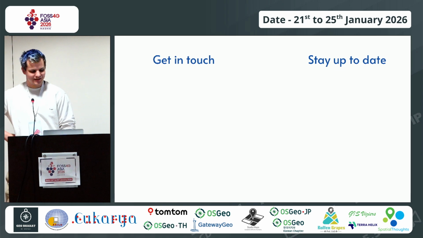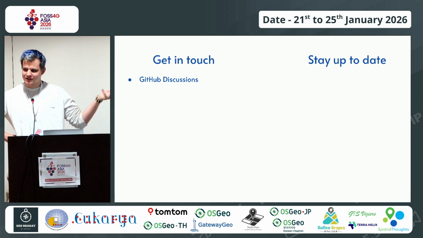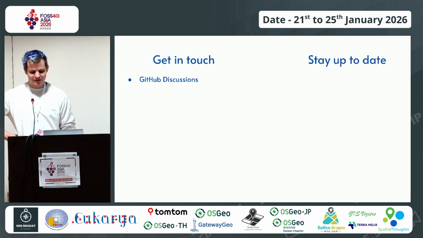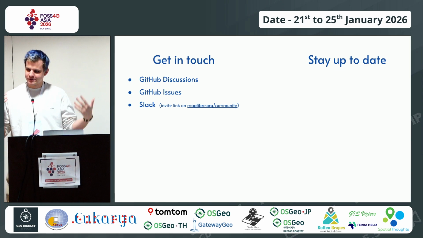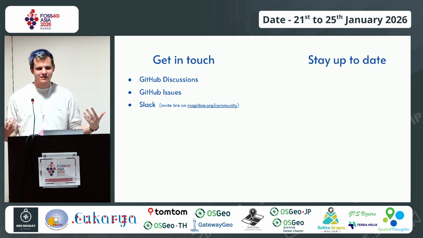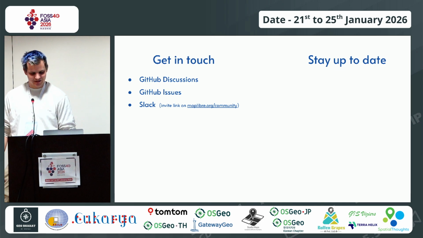Now to the offboarding part. So how to get in touch with us? Well, we have GitHub discussions and our issues. We have a Slack where you can talk to us at maplibre.com/community. There's also a map where we show who's in our community. You can join our community.